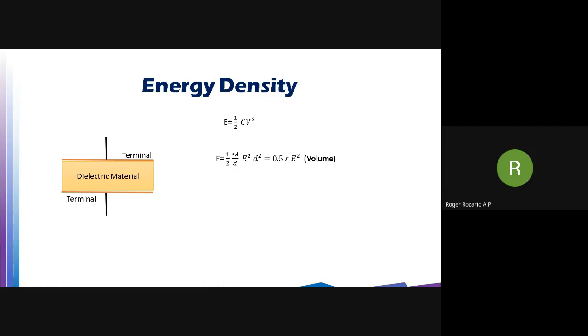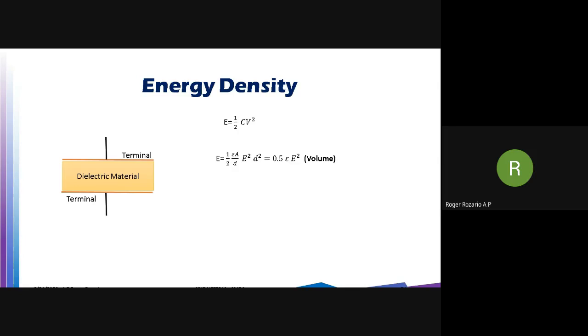Instead of C, I will use epsilon A by D, since in the previous slide we derived C equal to epsilon A by D. Electric field E equal to V by D, so V equal to E into D, and V square will be equal to E square into D square. From this expression, the D and D will get cancelled. What will remain is 1 by 2, which is 0.5. Epsilon will remain as it is, and E square will remain as it is.